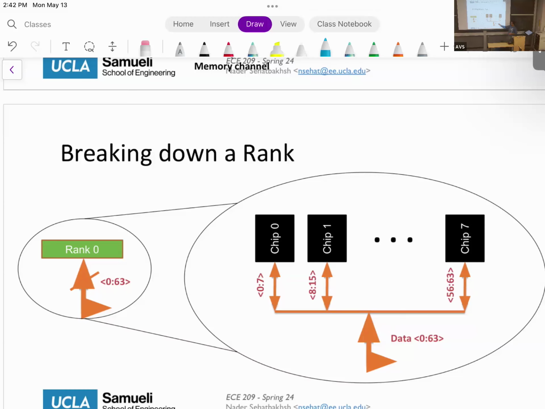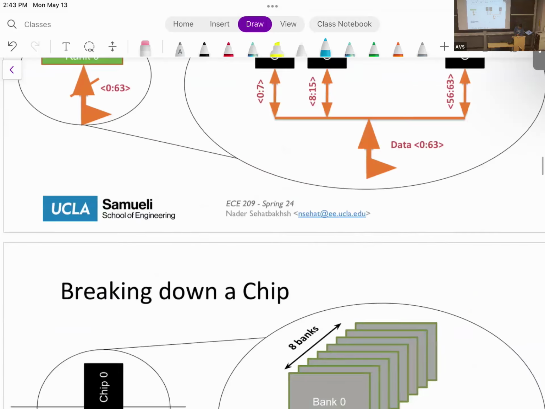So, for example, chip 0 contributes 8 bits, chip 1 contributes the next 8 bits, and so on and so forth. The reason for this is that we want parallelism, right? So you don't want everything to go into one chip. You want to be able to push out data from all the chips at the same time. So that's why you have multiple chips, okay?